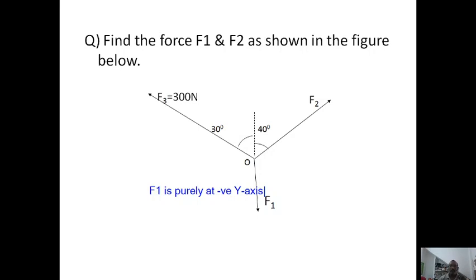Hence, you can easily calculate the angles by referring from F1. And F2 is making an angle of 40° with the positive x-axis.